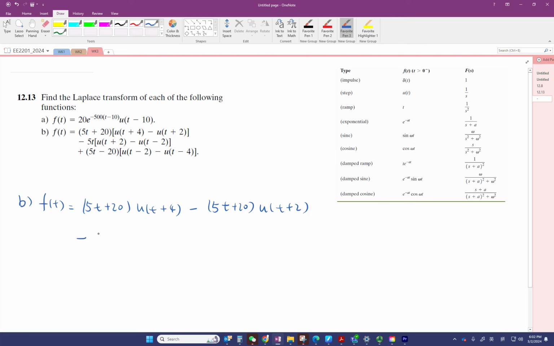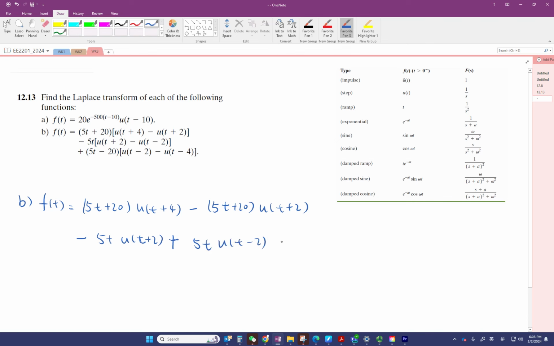So this is a 5t u(t plus 2), and minus another. So this is a negative sign, this is a negative sign, so it becomes a positive sign, 5t u(t minus 2).